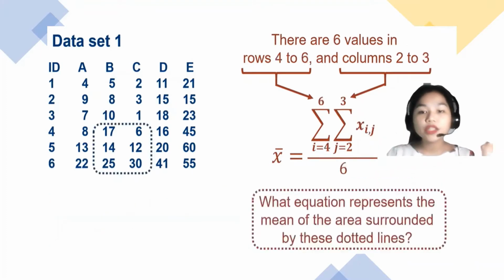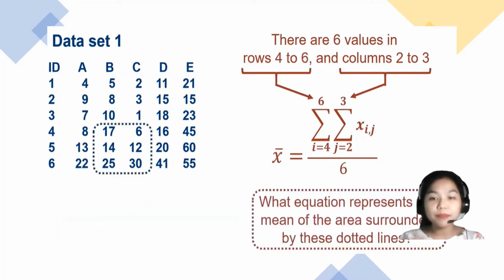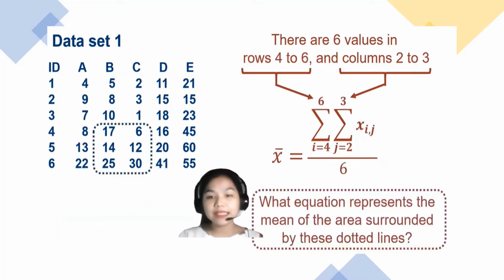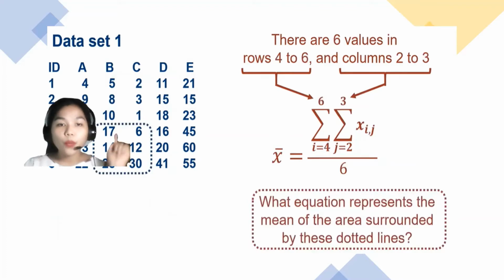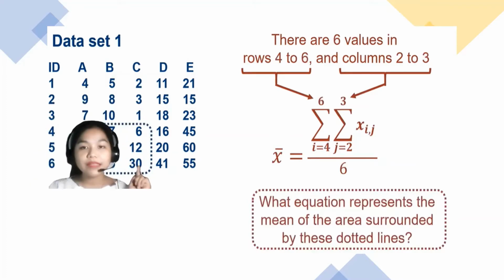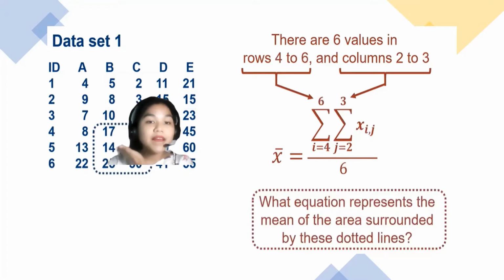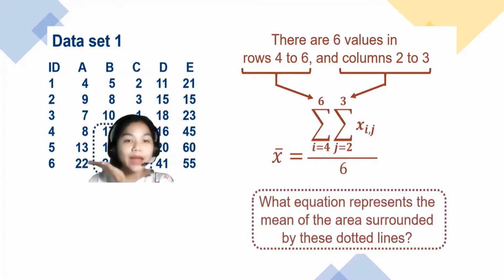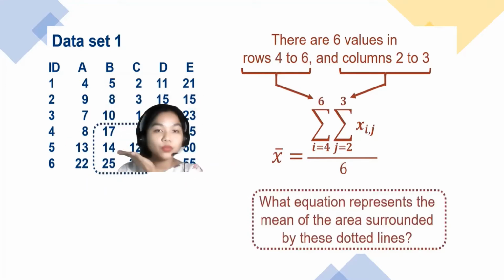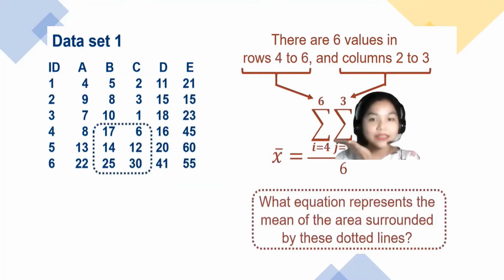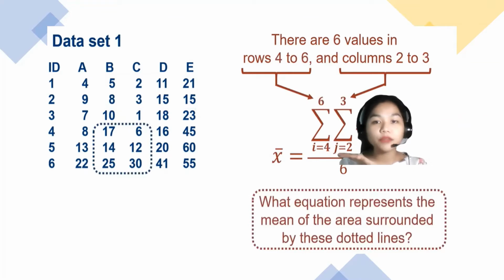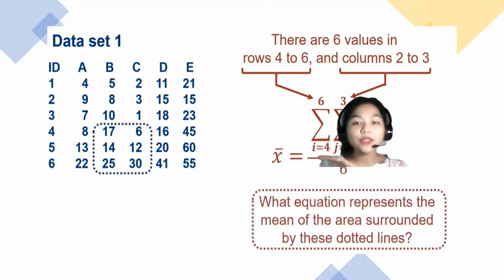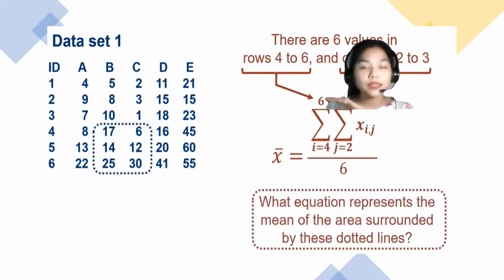Another question is, what equation represents the mean of the area surrounded by this dotted line? There are actually 6 values. 1, 2, 3, 4, 5, 6. So 6 values from rows 4 up to 6 and columns 2 to 3. So the equation is summation of xij as j goes from 2 to 3 and i goes from 4 to 6.